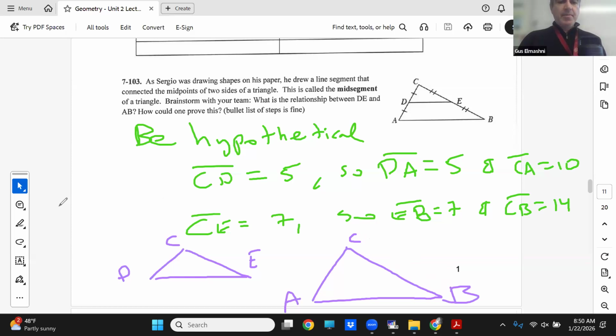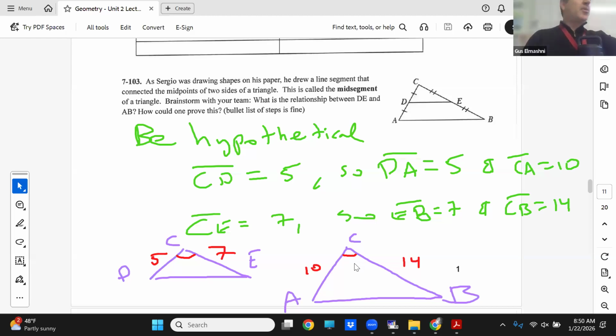And of course, this is 5 and 7, 10 and 14. Okay, what do you notice about the top angles for each of these triangles? Angle DCE and angle ACB. They're the same, right? So what's true about these two triangles?